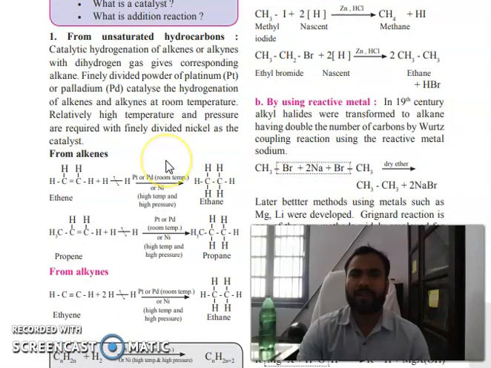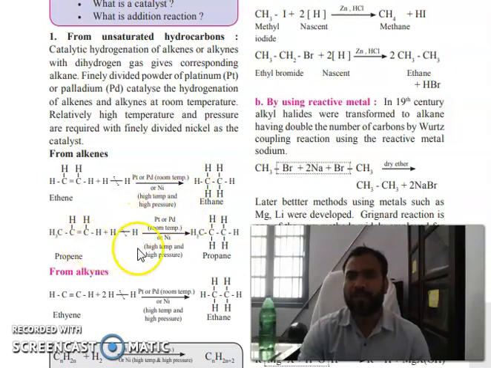Now friends, the preparations are also important, but here you can remember many things: reactant, product, the reagent, and conditions of the reactions. Like this, from alkene you can make ethane in the presence of platinum or palladium at room temperature, or nickel at high temperature and high pressure.